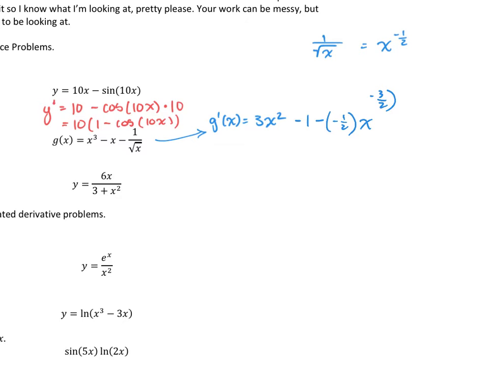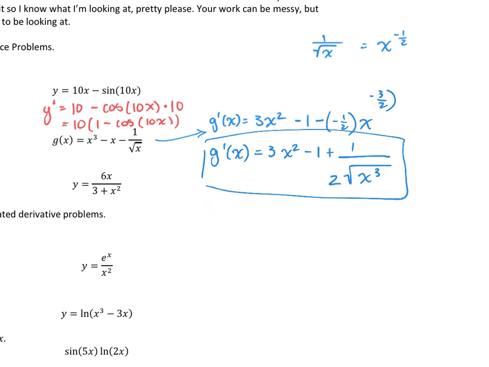And then if you want to clean that up, your call, we'd get 3x squared minus 1 plus 1 over 2, and then that would be the square root of x cubed. That is a final answer there for you.